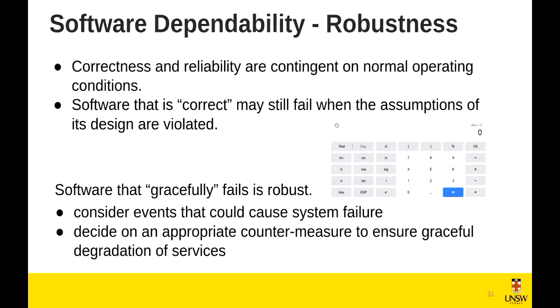And we should decide on an appropriate countermeasure to ensure the graceful degradation of the services. Many of you may have used try catch or all those kind of things in your code before. That is some kind of robust design.